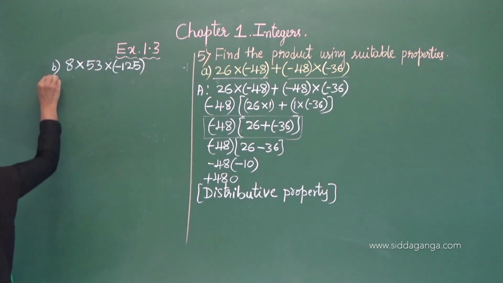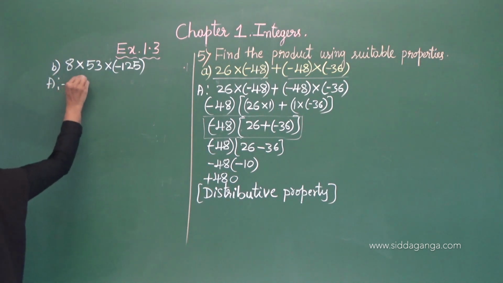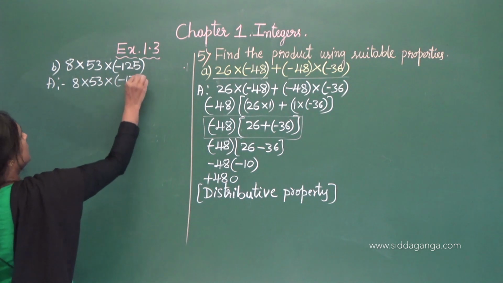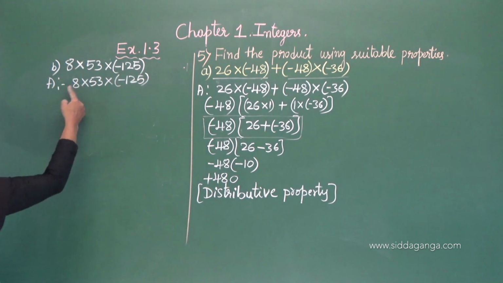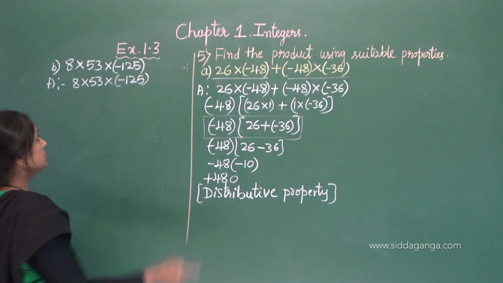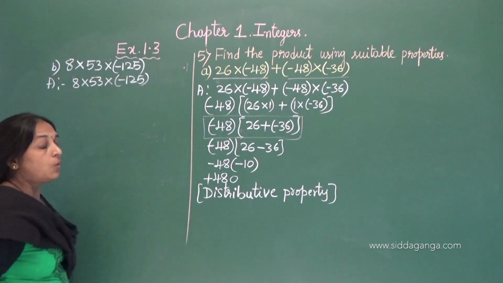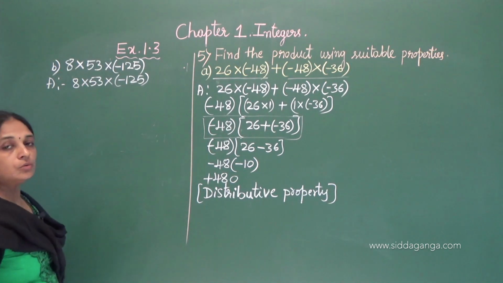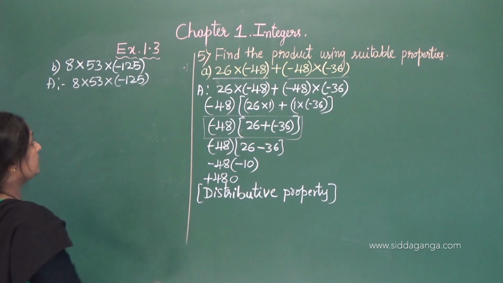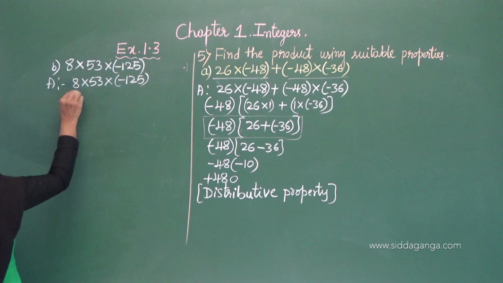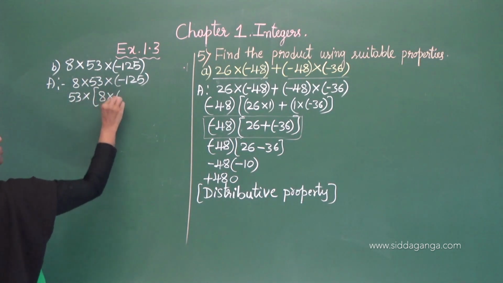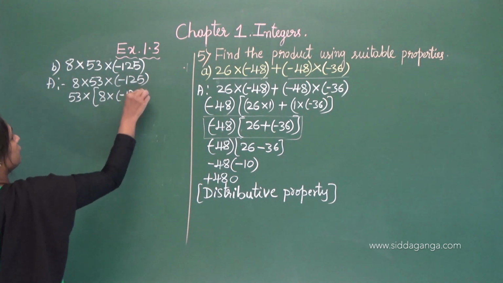Okay. However, whatever the number given, we can multiply or we can group the numbers like this. So answer 8 into 53 into minus 125. So you multiply 8 into 53, or otherwise you can multiply 53 into minus 125. Otherwise you can multiply 8 into minus 125. You can group any numbers. Okay, I take 53 here and I multiply 8 into minus 125 first.